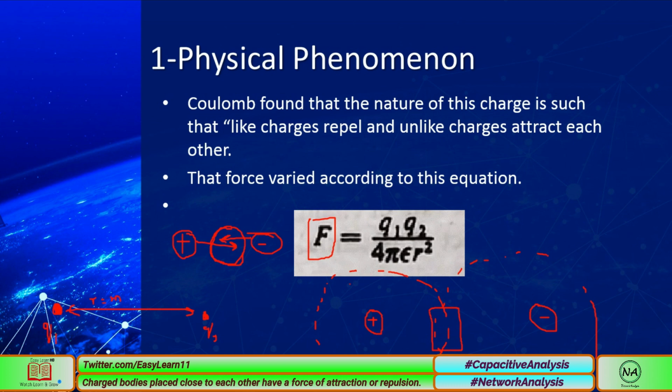The force of attraction or repulsion between the two charges will definitely be high if they are brought closer to each other, and if their distance in meters is increased, the force will decrease. This is a very basic theory that everybody can understand.